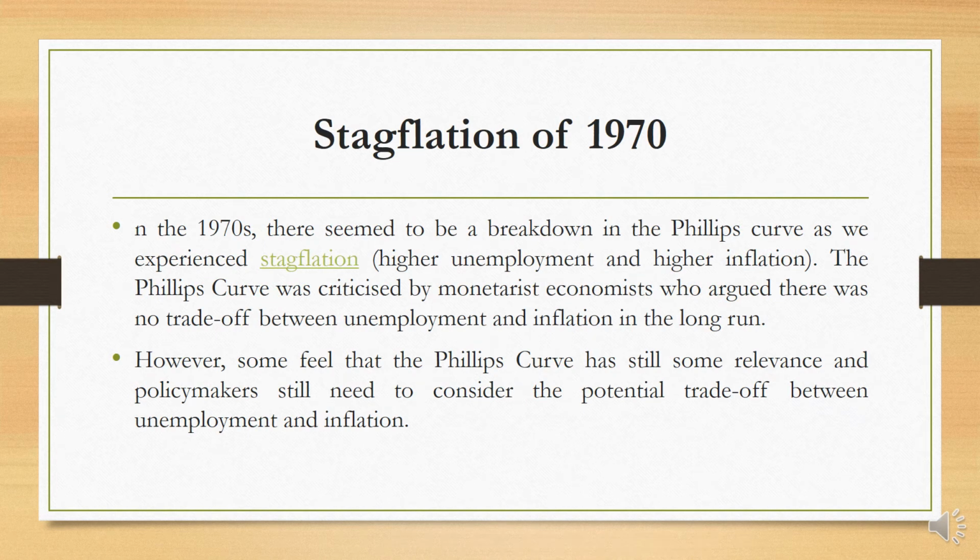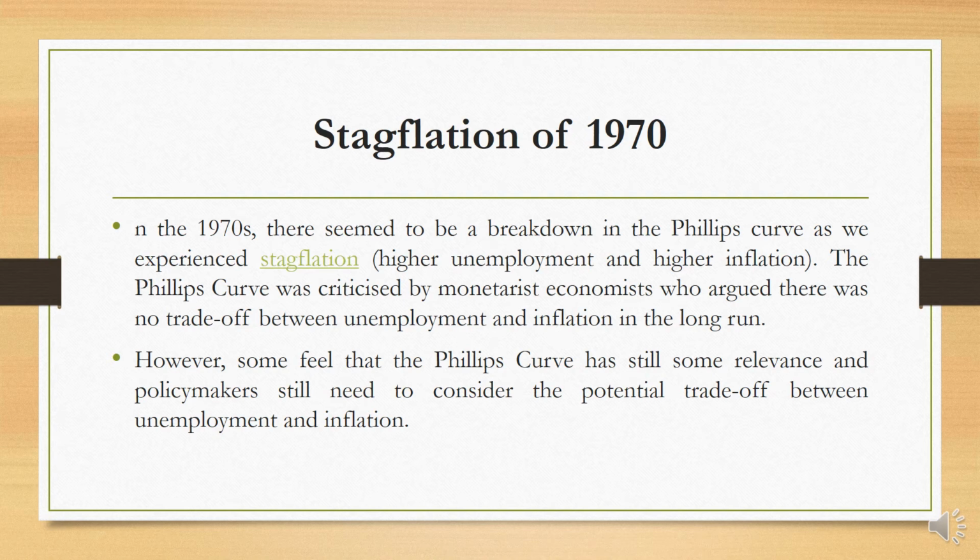Stagflation of 1970. In the 1970s, there seemed to be a breakdown in the Phillips curve as we experienced stagflation. Here we define stagflation: a situation of higher unemployment and higher inflation.